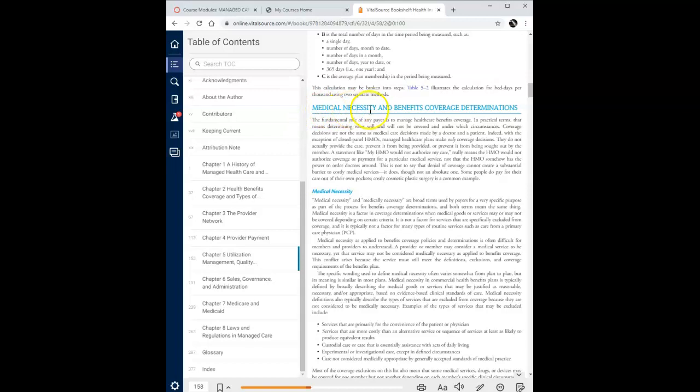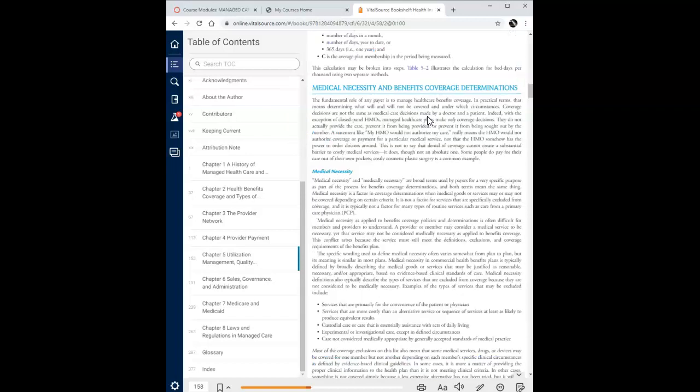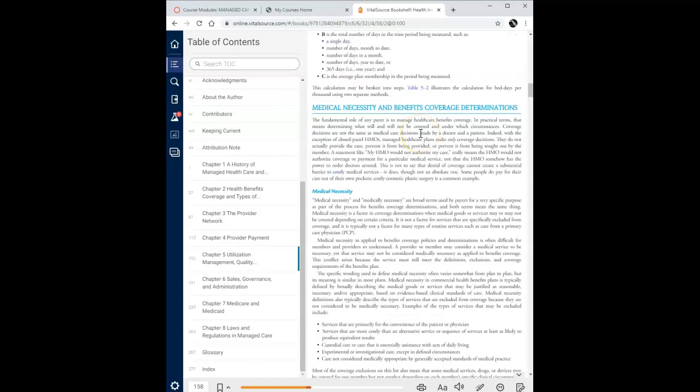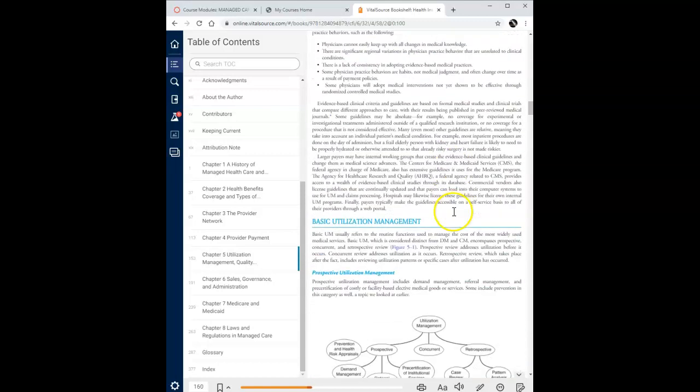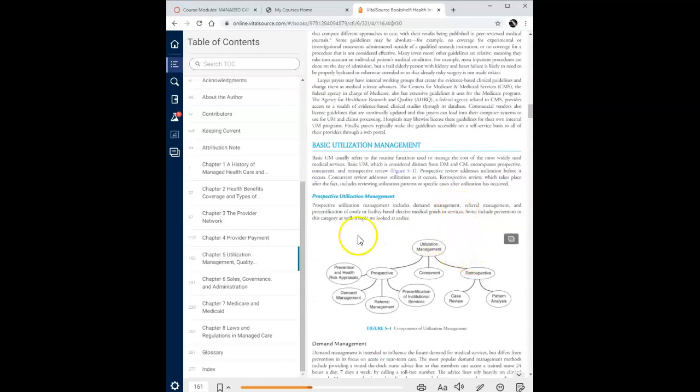Here we have medical necessity and benefits coverage determinations. So many times when I ask a question, it will be in the form of with respect to medical necessity. It lets you know where to go. I love these. I love graphics. And this is figure 5-1.